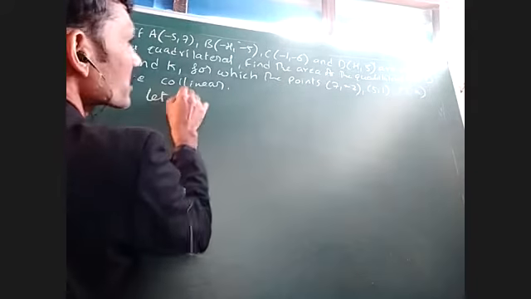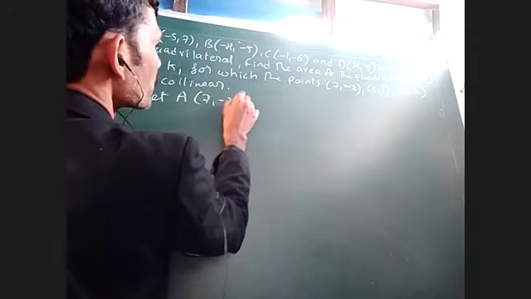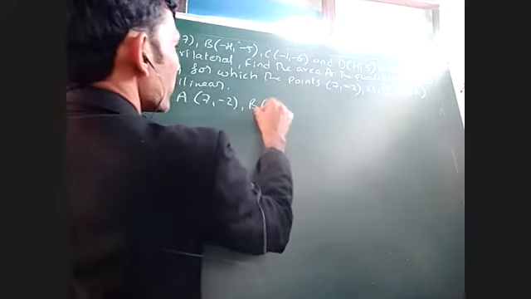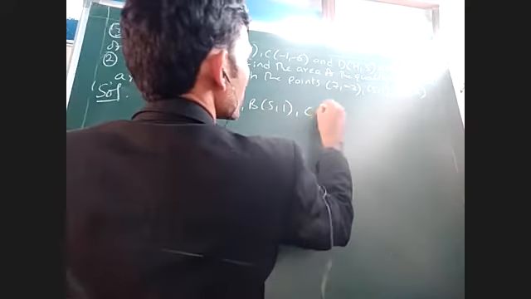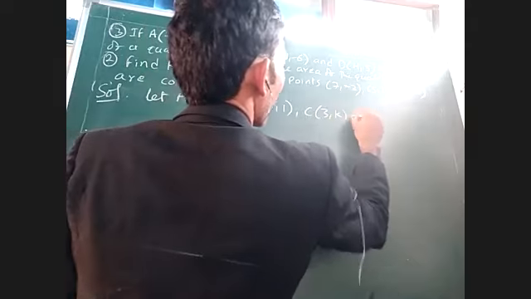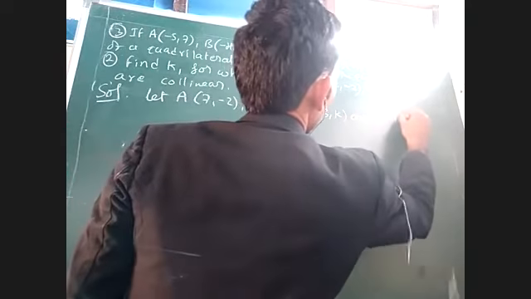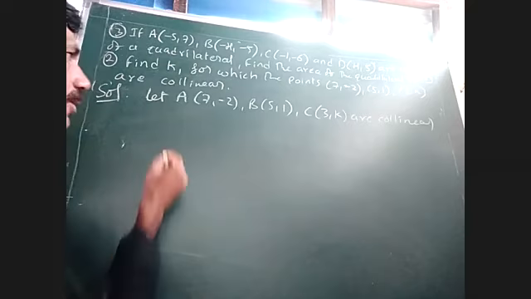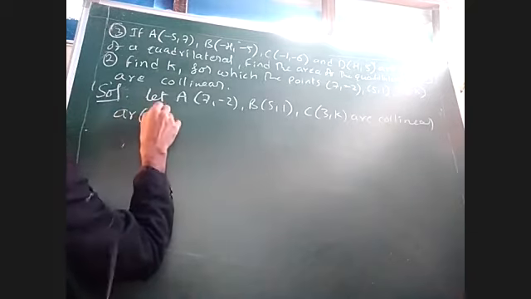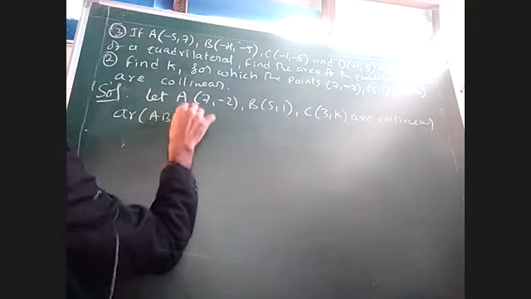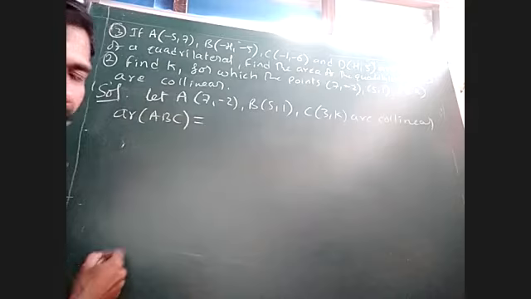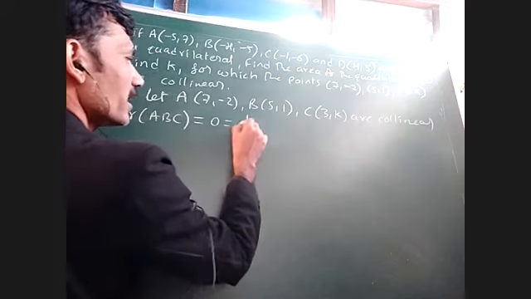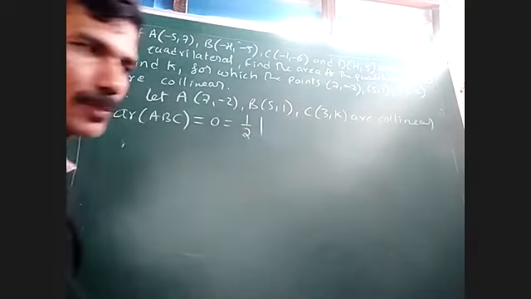Let the first point be A(7, -2), B(5, 1), C(3, k), which are collinear. If the points are collinear, the area of triangle ABC will be 0. And the area formula we know, just now we wrote.